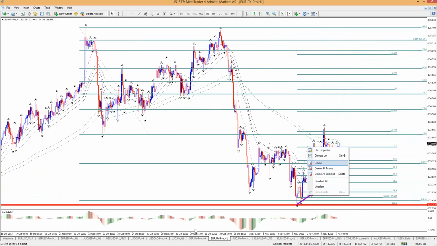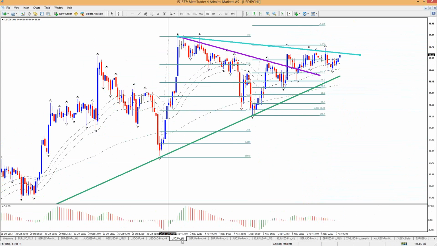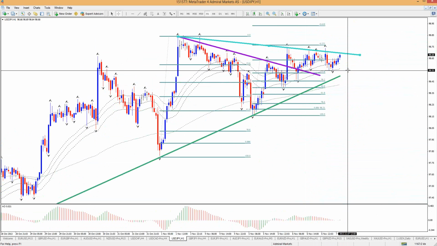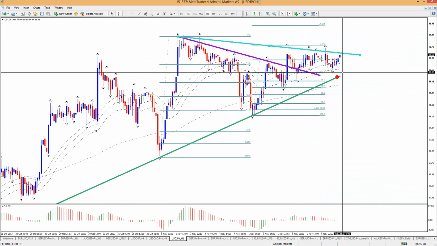Yeah, well, I was thinking about indeed 98.77 and stop at just below here at 98.53 underneath this 1-hour fractal. The shallow trend lines are quite tricky to trade.